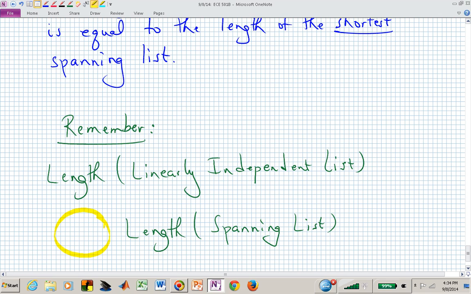It's less than or equal, isn't it? The length of the linearly independent list is going to be less than or equal to the length of the spanning list.